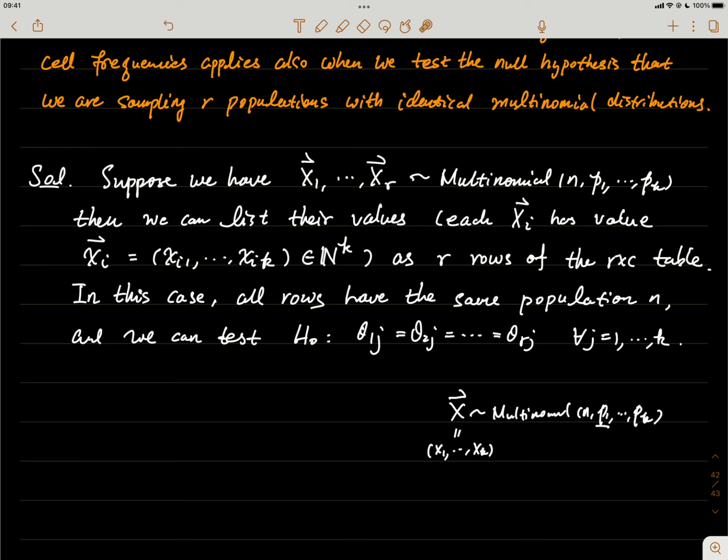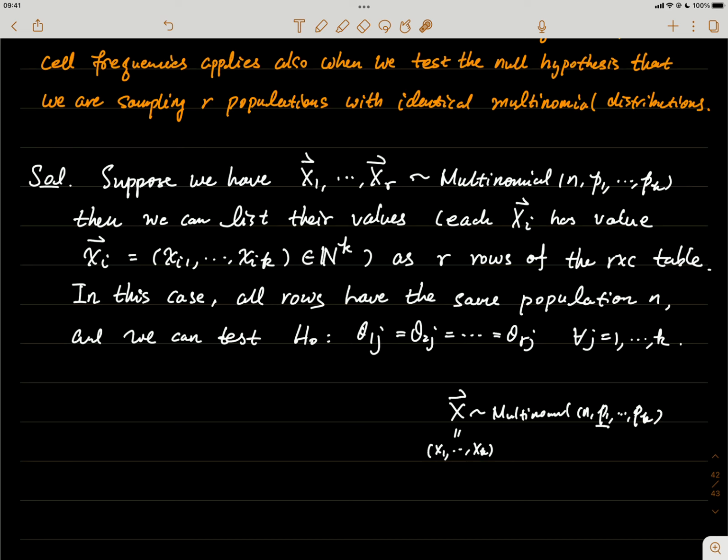Remember that p1 through pk are values between 0 and 1, and they sum to 1. So this is a straightforward extension of the binomial, where you only have p1 and p2, and p2 is automatically 1 minus p1. This is the extension for that.